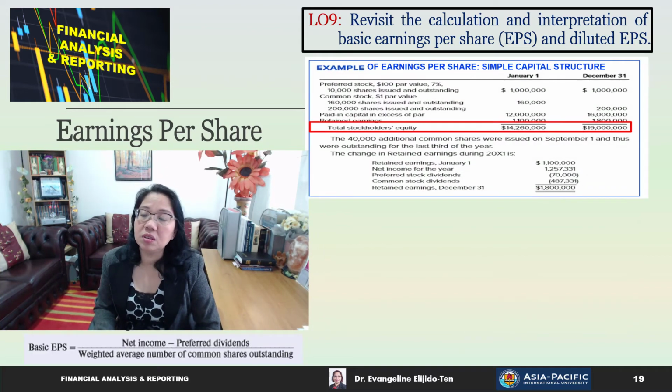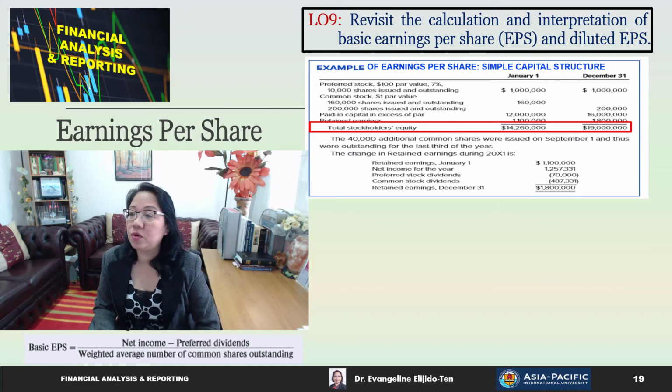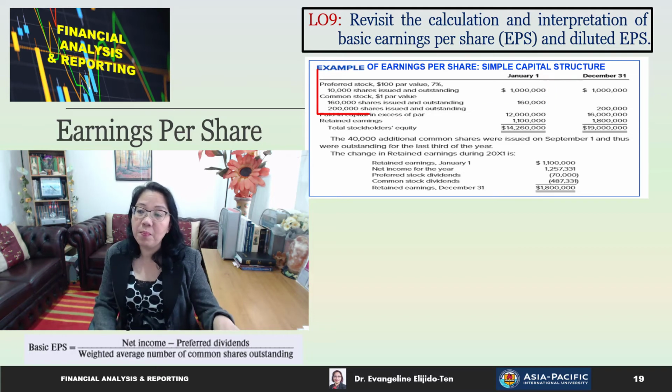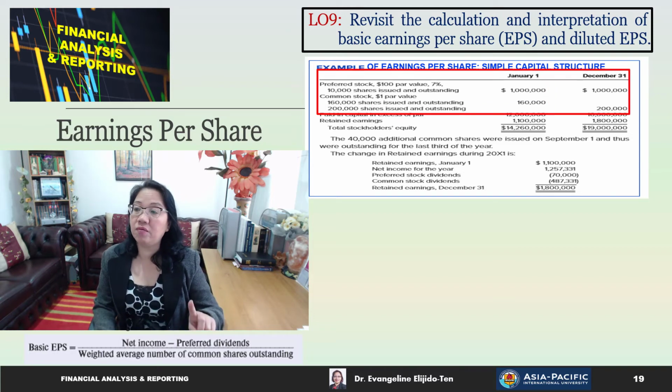We have total stockholders' equity on January 1st amounting to $14,260,000, and at the end of the year, December 31st, $19 million. Note too that on January 1st, we have 160,000 shares issued and outstanding, but by the end of December, we have 200,000 shares issued and outstanding.